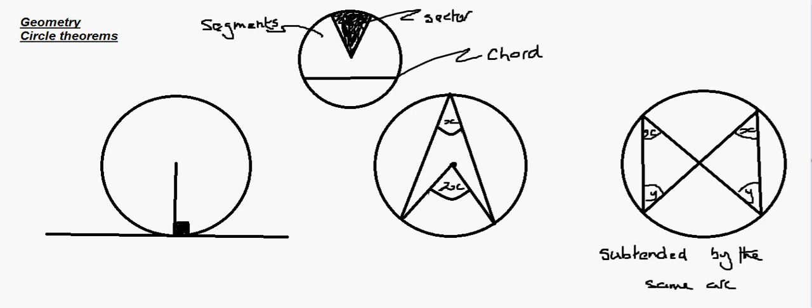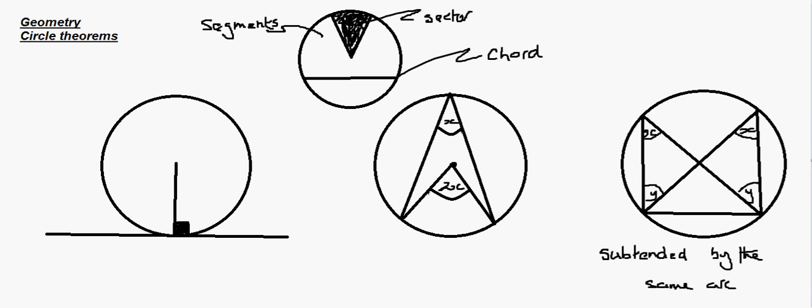So if I was to do this, then we know this is a minor arc, and these two angles here would be hanging. If I turn the circle upside down, they would be hanging from the same arc. So we say that they're subtended by the same arc.